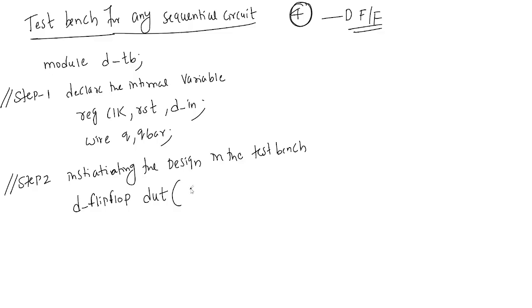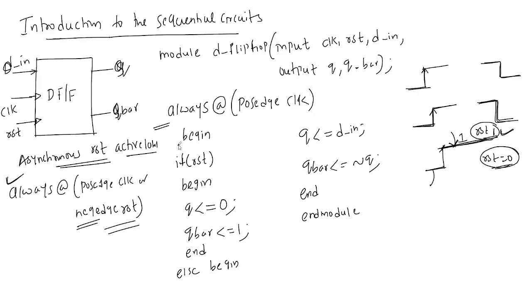How you declared the inputs and outputs in that design, that same order you need to follow. That is nothing but connection by order with position list. Here you gave clock, reset, d underscore in, output q and q bar, no? That same order you need to follow in the test bench.